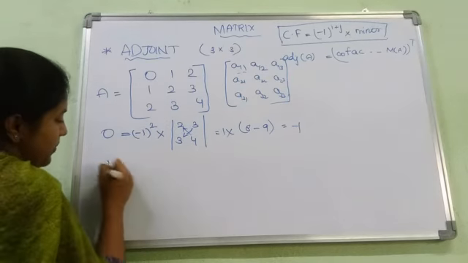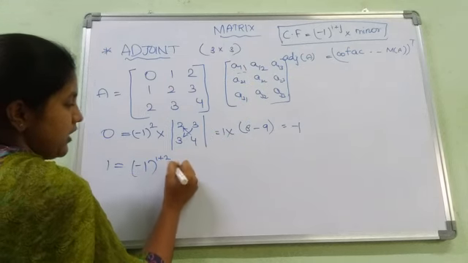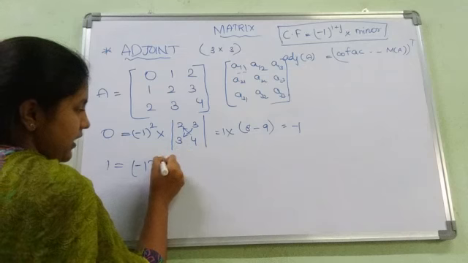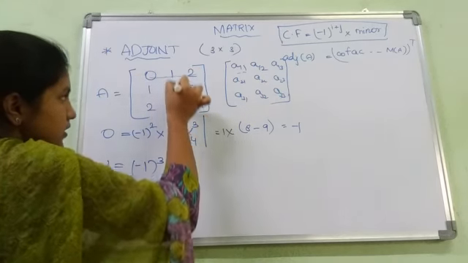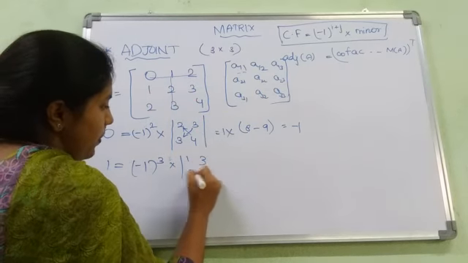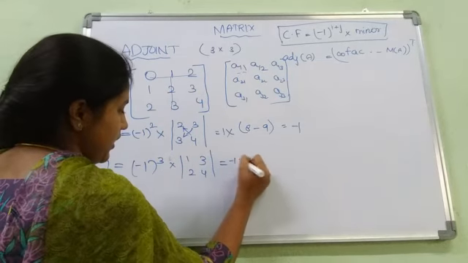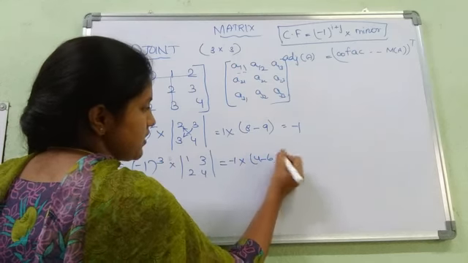Now the cofactor of 1, let's make it fast here. -1 to the power of 1 plus 2, and 1 plus 2 I can directly write as 3, right? And then for the result, cut these elements, then you'll get 1, 3, 2, 4, which is equal to -1 to the power of 3, minus 1 into 4 minus 6. 1 fours are 4, 4 minus 6 is minus 2.